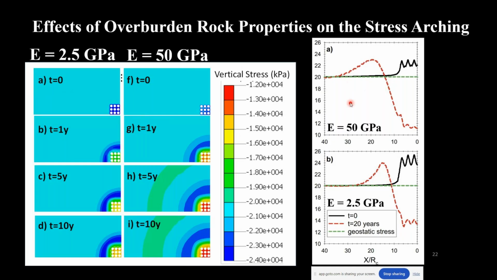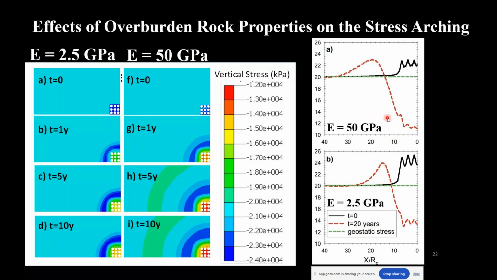Okay, and this is the same plot I showed before, but now for 50 gigapascal and for 2.5 gigapascal. And we see here that the stiffness of the overburden rock mass affects a lot the stress distributions in the rock salt in the mining field area.